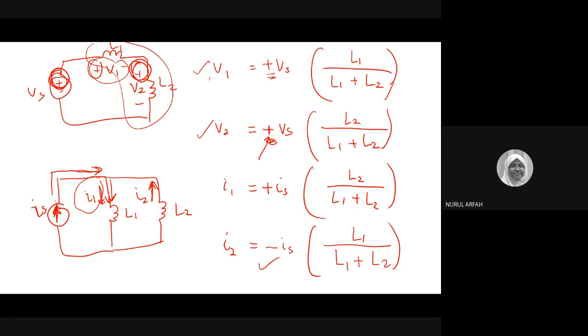Just want to repeat again. Under DC condition, what will the inductor look like? A short circuit or open circuit? Short. Yes, short circuit. How do you remember this? You can pull these two ends apart, right?